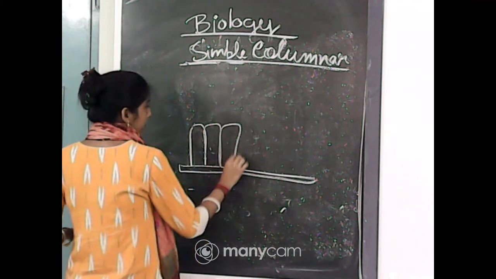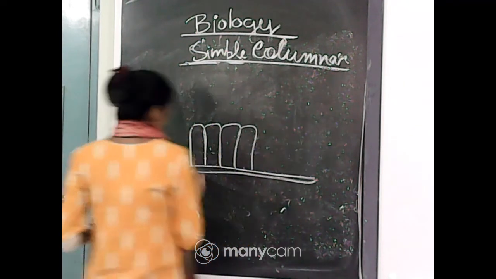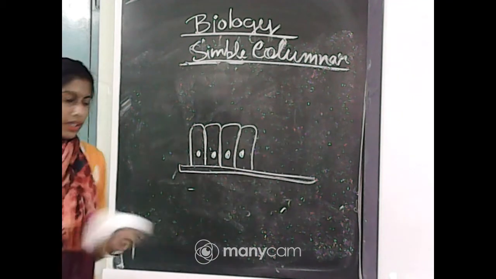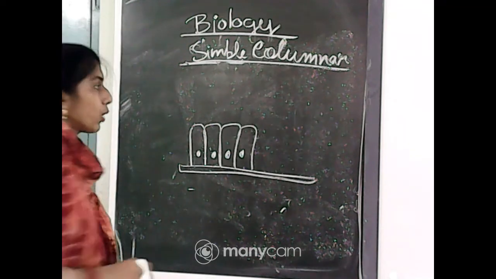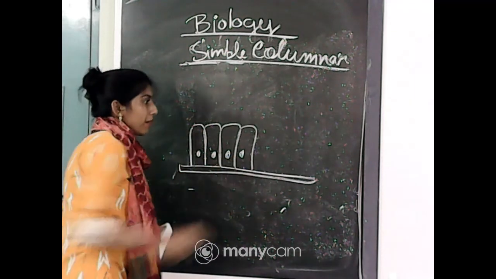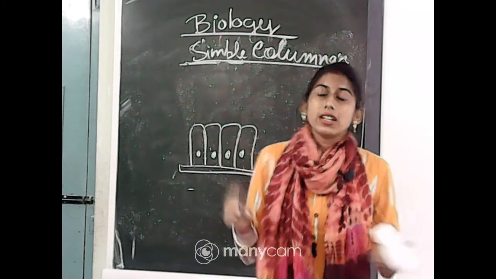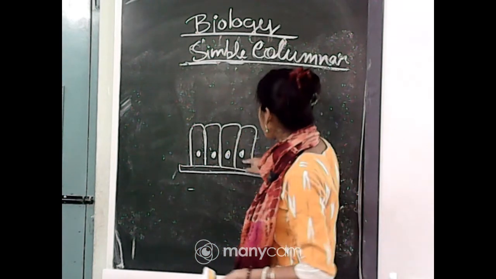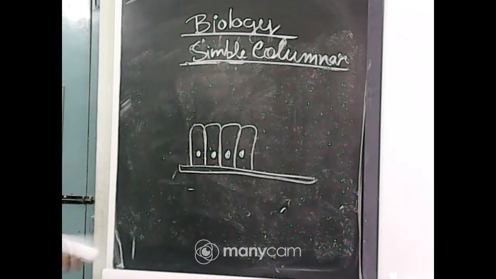Their free surface is quite broader than the portion attached to the basement membrane, and their nucleus is situated at the base. It is an important criterion in columnar epithelial tissue that the nuclei are located at the base. In squamous and cuboidal epithelial tissue, the nucleus was at the center, but in columnar epithelial tissue, the nucleus is situated at the base. And you can see that they are quite tall and slender, that's why it is called columnar epithelial tissue.